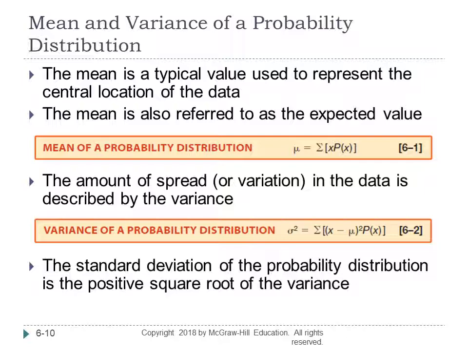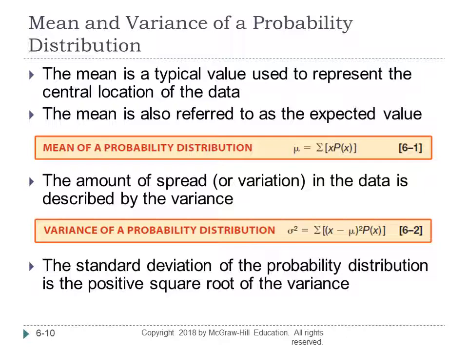The mean is a typical value used to represent the central location of the data, as we did when we worked with data before. The mean is also referred to as the expected value. When you are working with random variables, we sometimes call the mean the expected value.